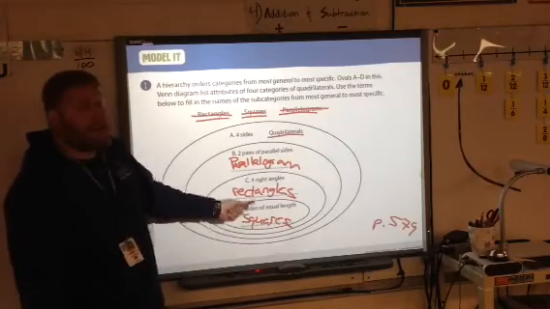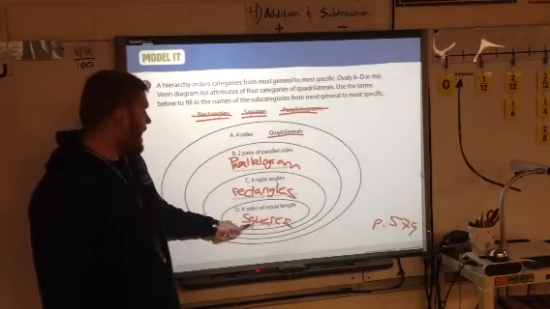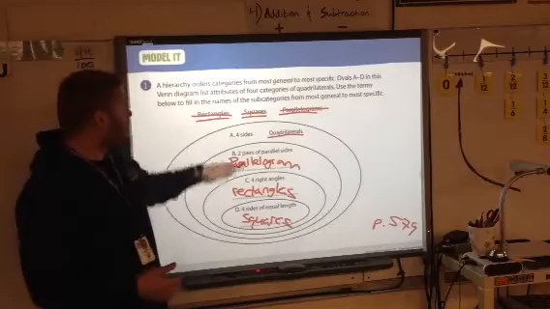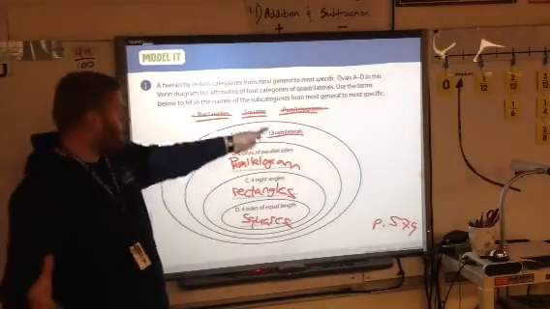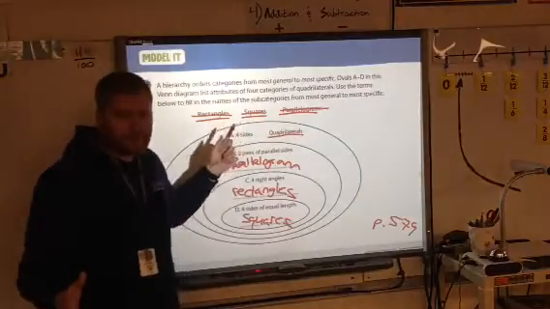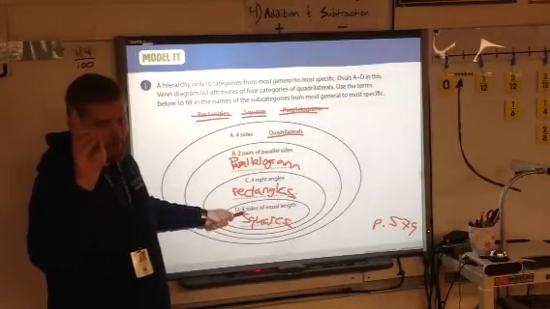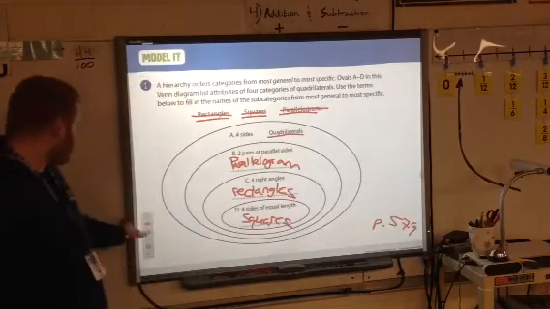That's why it's deeper in our Venn diagram, because it has more qualities, more characteristics, more attributes. We went from the most general, which includes a ton of different shapes, to the most specific, which only includes one, because it has the most attributes. All right, we're going to move on to number 2.